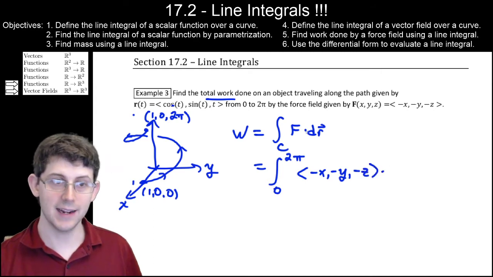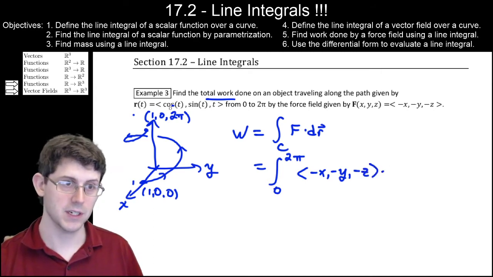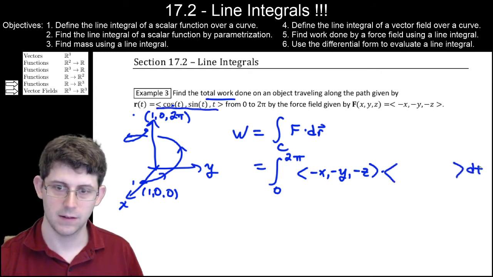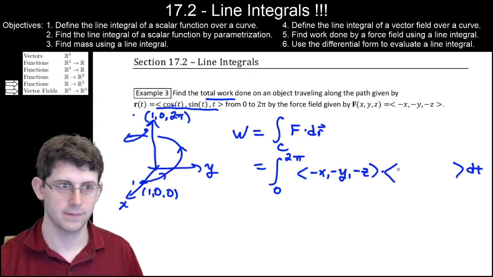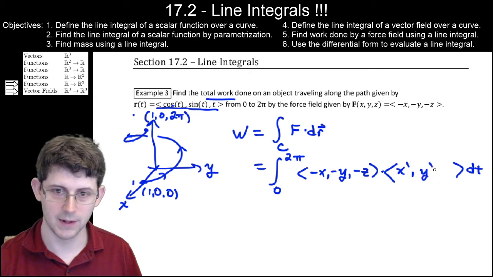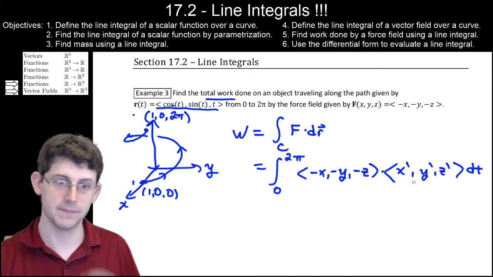And it's going to be dotted with dr, which is the derivative of this thing, x prime, y prime, z prime, dt.